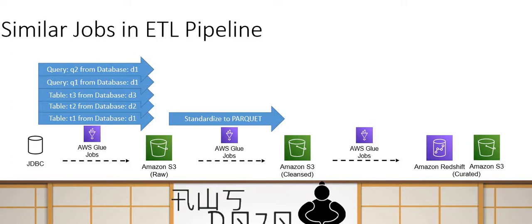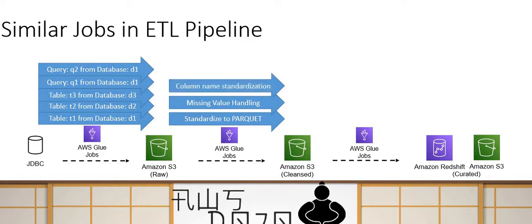No matter whether your data is coming as JSON in raw or CSV in raw or some other format, you want to convert all the data into Parquet. So that's a standardized job. You might want to handle the missing values. There are multiple jobs, each handling missing values using some standard logic, some standard method the organization wants to adopt, and you have to write this kind of thing across jobs.